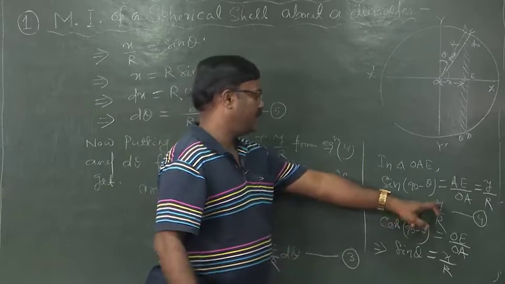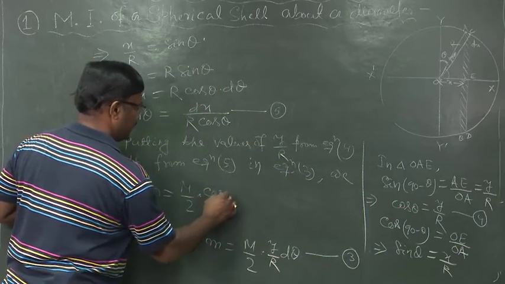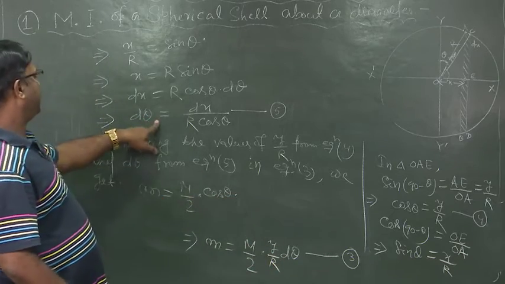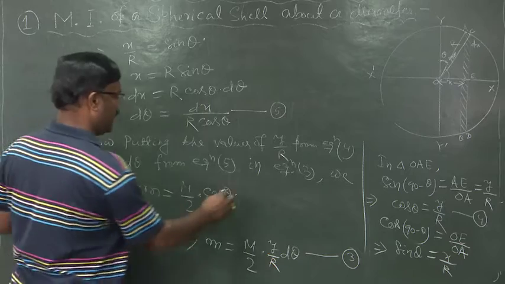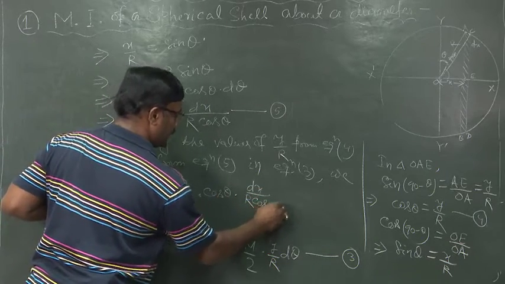Here we got y by r is equal to cos theta, so into cos theta into d theta. Here we have found d theta is equal to dx by r cos theta, so dx by r cos theta.